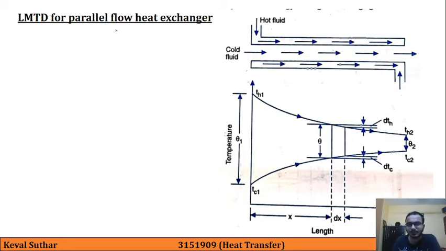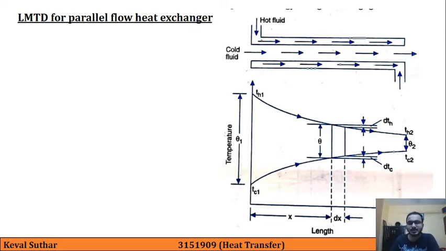So here first of all we will focus on this figure. This is a very known figure to you, in which the hot fluid is moving from left to right, as well as the cold fluid is also moving from left to right.